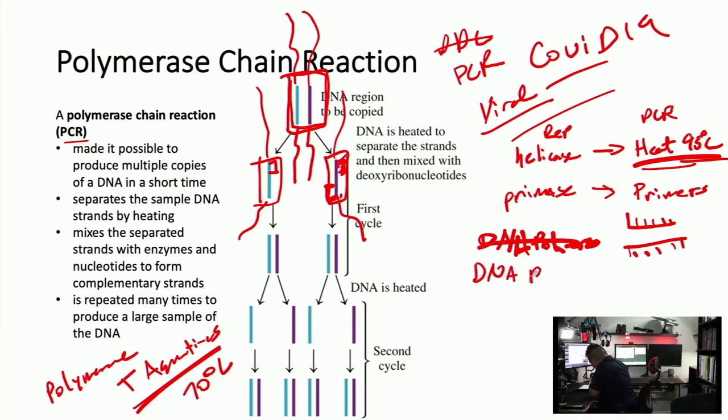DNA polymerase. Right? In PCR, we also use DNA polymerase too, but it's a heat-stable DNA polymerase, right? So it's a special polymerase. The T. aquaticus, we'll just call it TA polymerase, right?